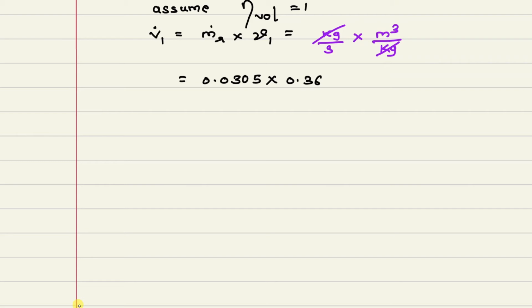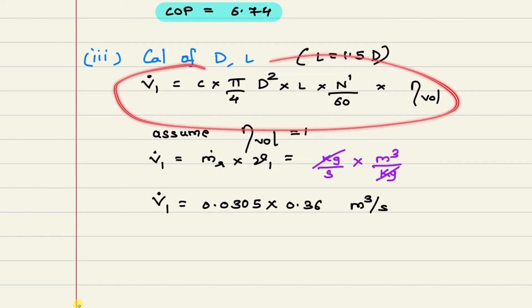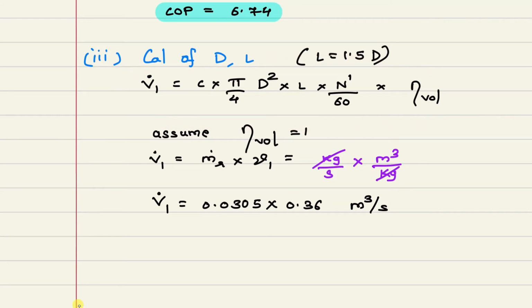Okay, so this will be left hand side part, unit will be meter cube per second, V dot 1, left hand side of this equation. So we can substitute the values now. 0.0305 into 0.36 is equal to C is 2. Be careful. So 2 into pi by 4 into C is equal to 2, number of cylinders.